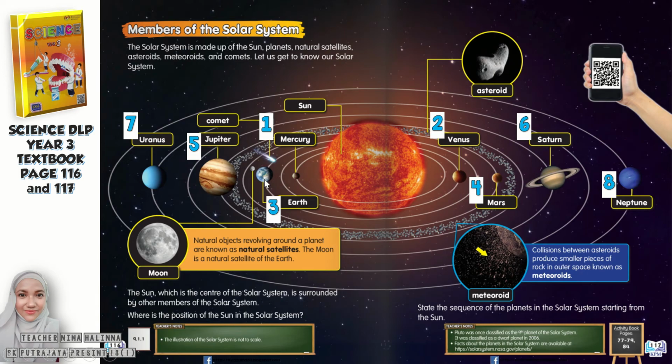So for Earth, we only have one natural satellite, which we call the moon. Other planets, for example Jupiter and Saturn, also have their own natural satellites, but more than one. They have many natural satellites, or we can say they have many moons.